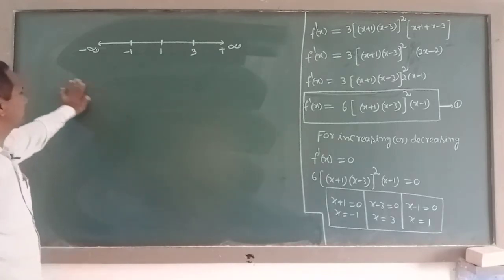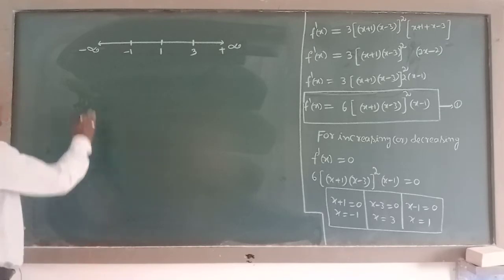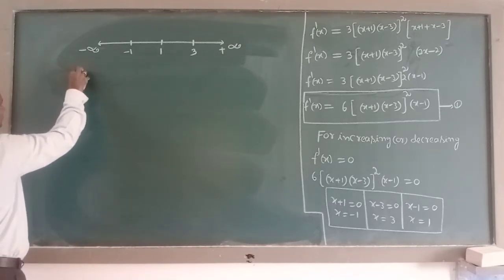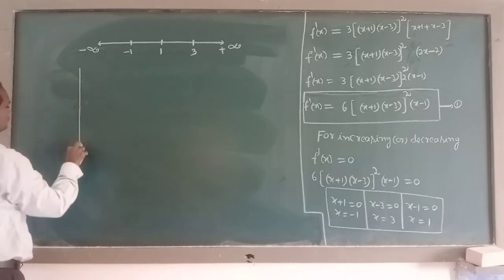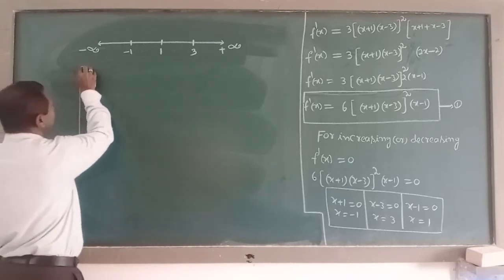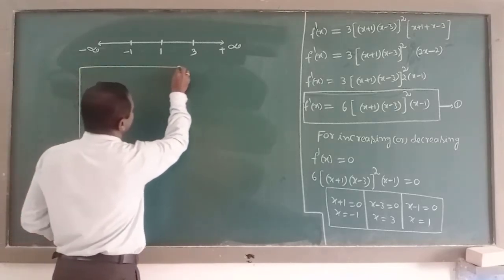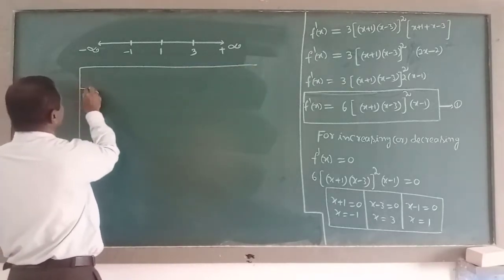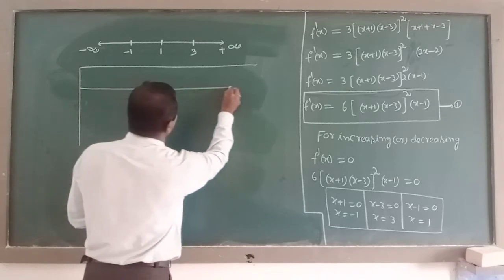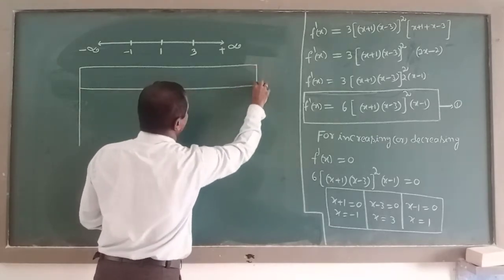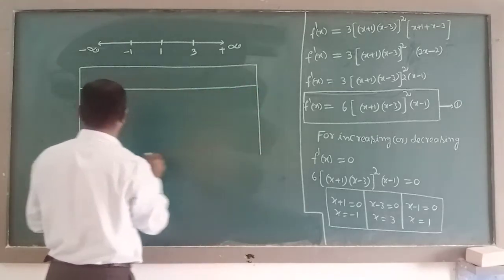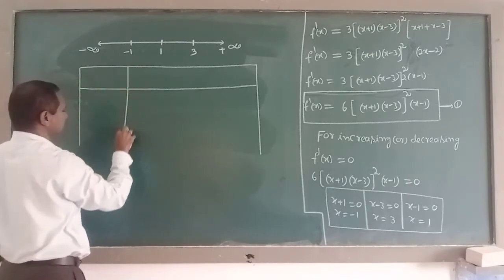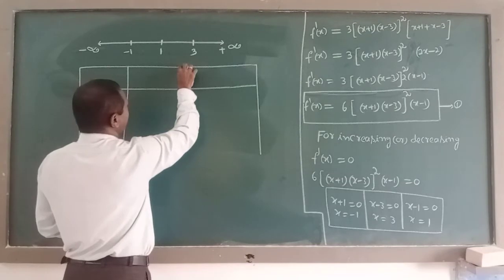Now we are going to take a table here first. First one is intervals. Next one is sign of f dash of x.